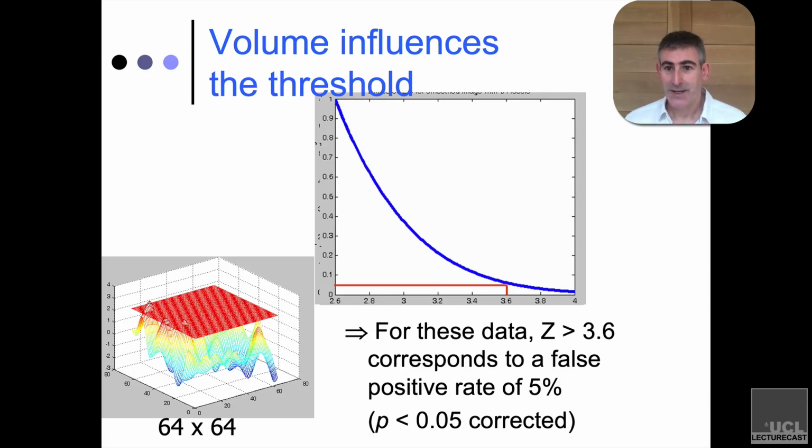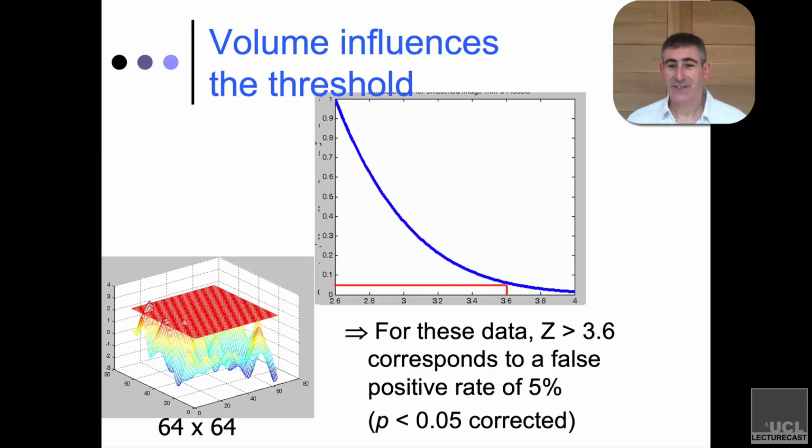This is particularly important for fMRI, because you might think, well, if I have to get a Z-score of like 5 or something with a whole brain comparison, then anything I can do to reduce that volume is going to make a big difference. And that's roughly true conceptually, but it's not going to make a big difference.